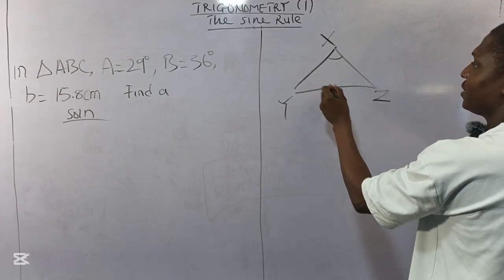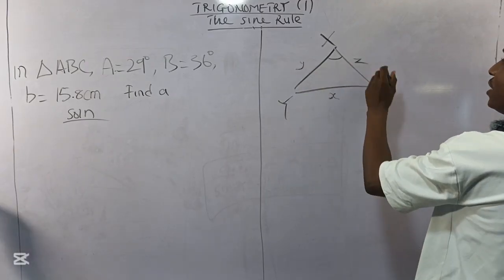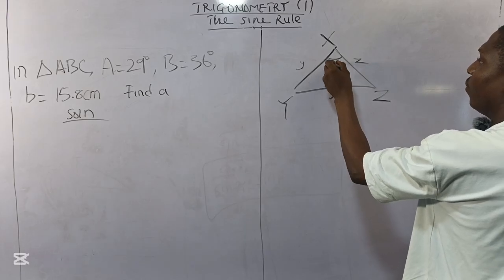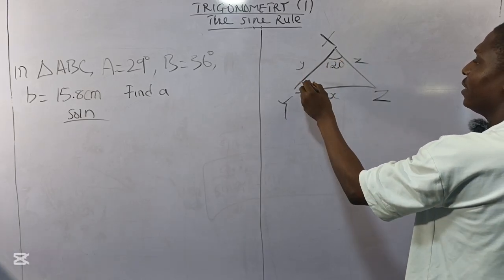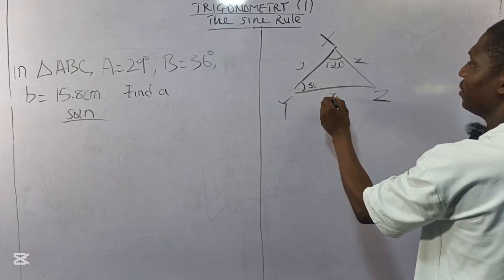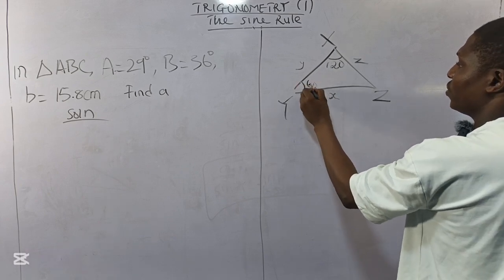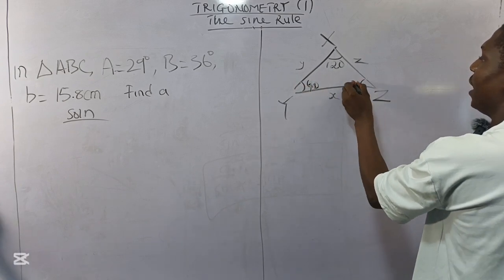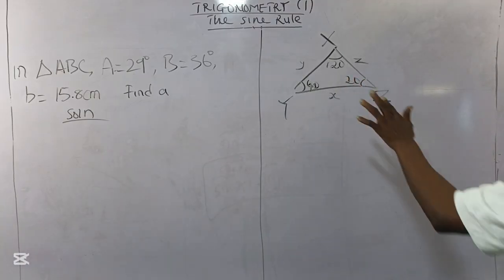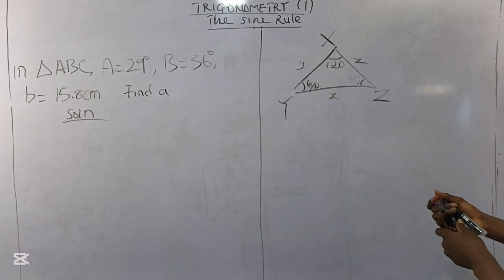This small letter x, this small letter y, and this small letter z. If, for instance, this is 120 degrees, and this is 40 degrees, and this 20 degrees.